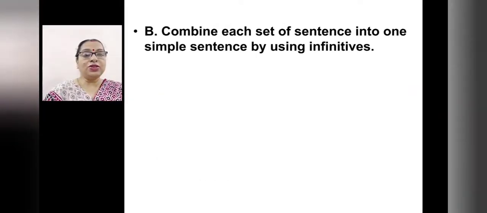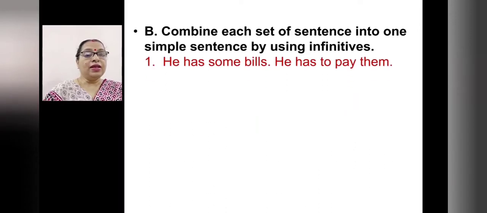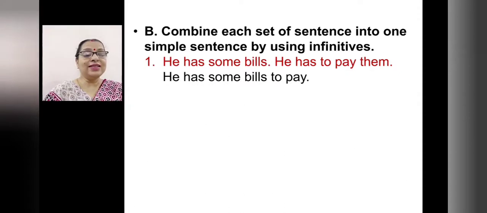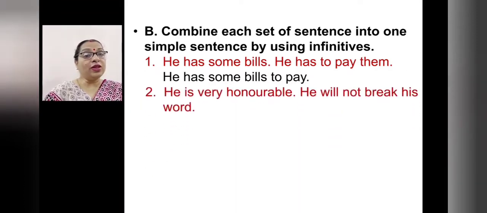Combine each set of sentences into one simple sentence by using infinitives. He has some bills. He has to pay them. What will be the answer? He has some bills to pay, right? Then, he is very honorable.